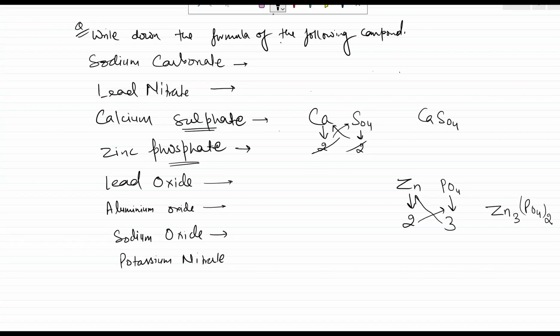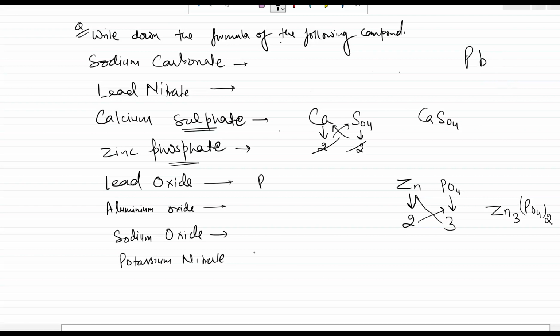Sir, Pb2. Is Pb2 correct, Prashita? Is Pb2... 2, sir. Hmm? No, minus and plus do not come in the formula. What is your PbO2, you're saying? No, sir, I'm saying for separate lead.